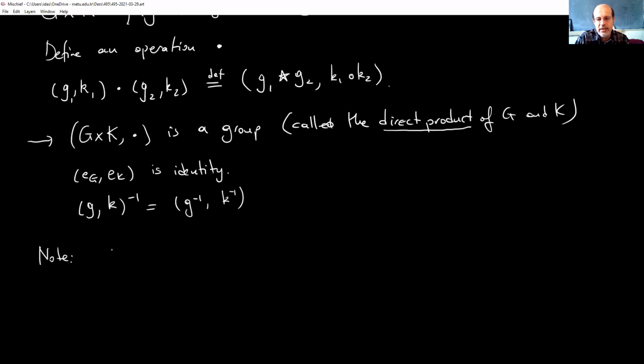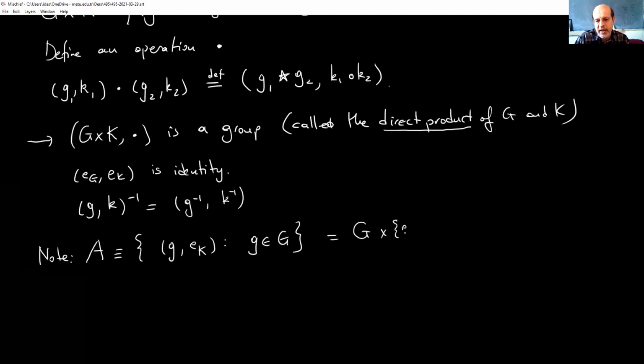I'm just going to define a particular subset in here. Let me call this A, for example, defined as elements of the form where the first element in the tuple is an arbitrary element of the group G, and the second element is the identity of K. So G in G. Basically, you can think of it as the group G multiplied with the identity of the group K. In that case, A is a subgroup of the product group.